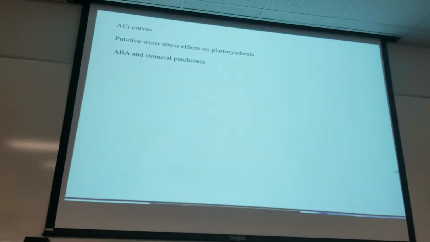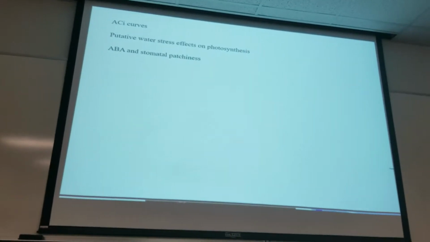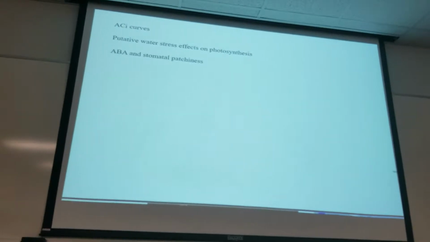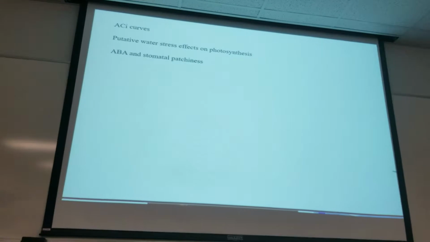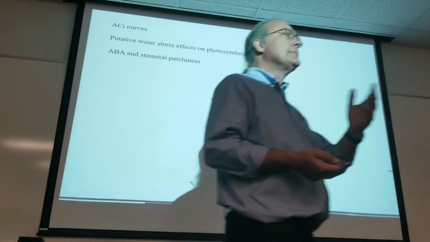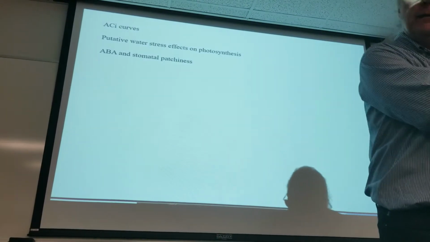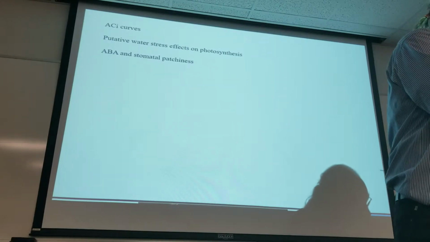For a long time, if you're interested in photosynthesis and plant physiology, if you're interested in stomatal conductance and what effect various environmental conditions have on the process of photosynthesis, it's hard to separate an influence on photosynthesis directly versus an influence on stomatal conductance, which after all is controlling the rate of photosynthesis.